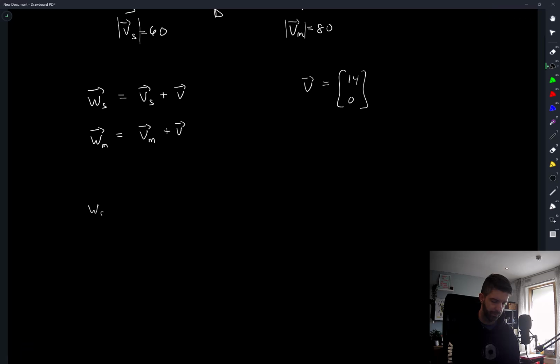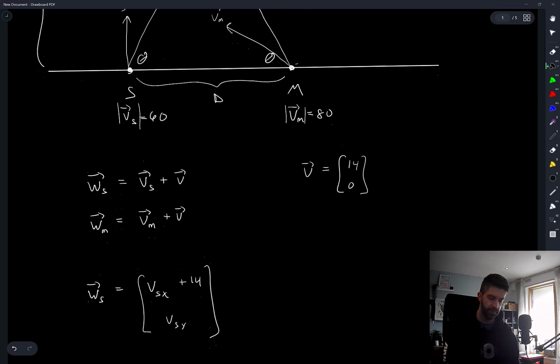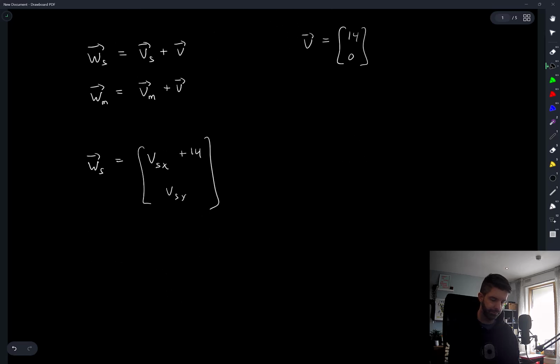So WS is going to be (Vsx, Vsy plus 14). And we know the magnitude, we know what Vsx squared plus Vsy squared is.